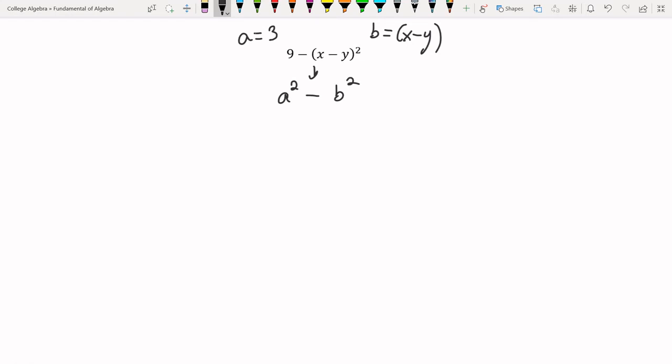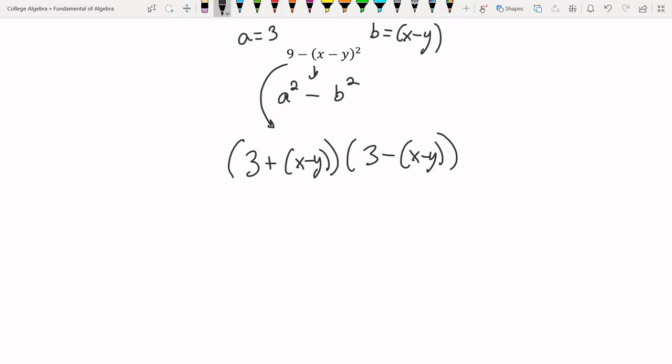And this is a difference of 2 squares. So we actually don't need to do any kind of expanding, because this thing immediately factors down into a plus b times a minus b. And we can do some simplification.